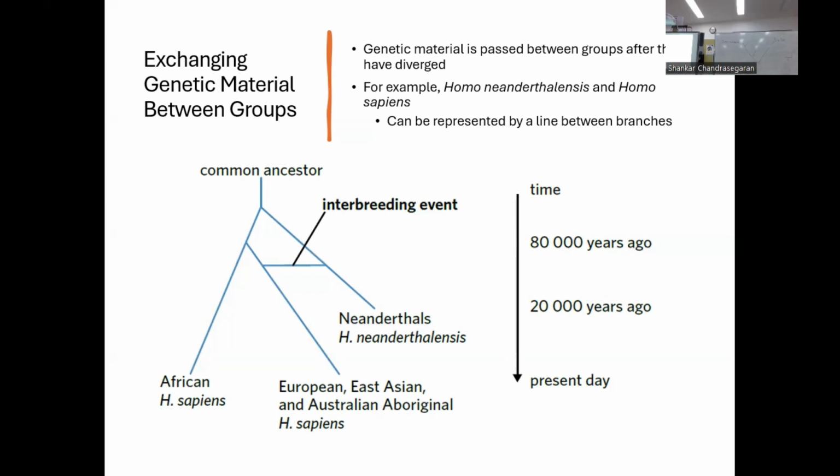And there was an interbreeding event that happened. And at that point, we shared some of that genetic material, but you don't really need to indicate anything other than the fact that there is an interaction between them through an interbreeding event, but that can be represented by a line between the branches.